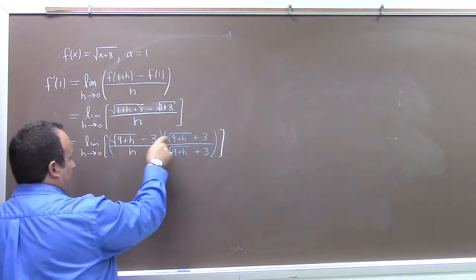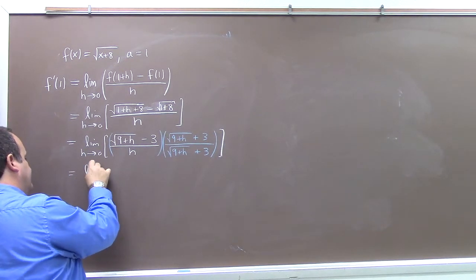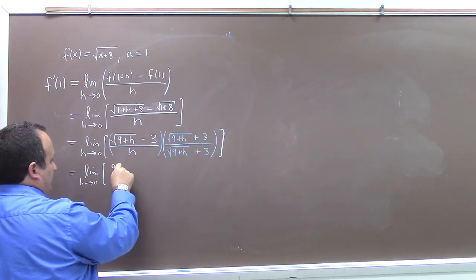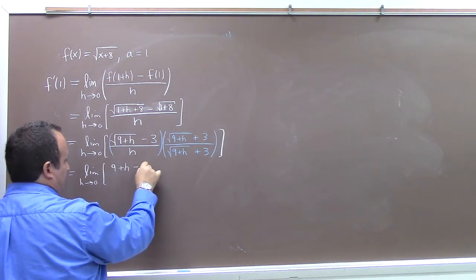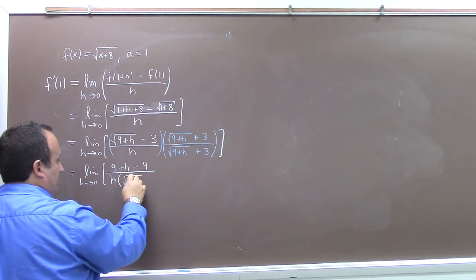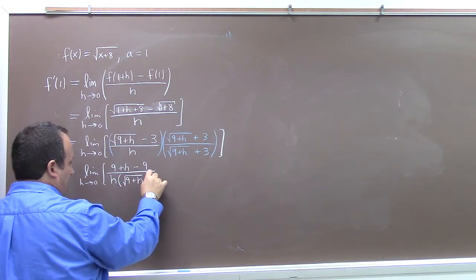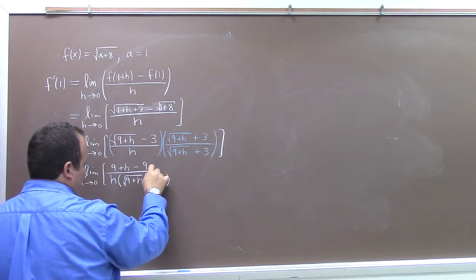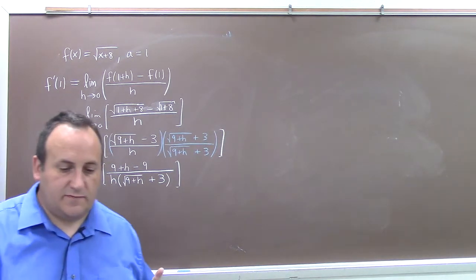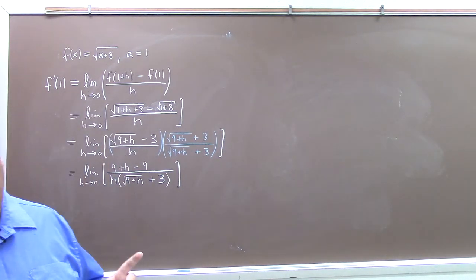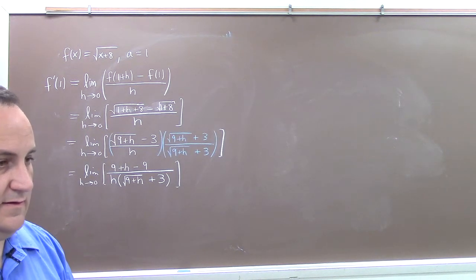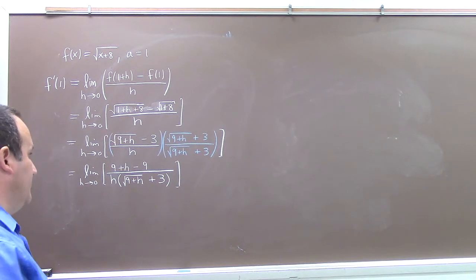So we get 9 plus h minus 9 divided by h times the square root of 9 plus h plus 3. I haven't written the cross terms because the product of 3 in the square root and minus 3 in the square root, they're equal and opposite and they cancel. That's the beauty of multiplying by the blue factor here.